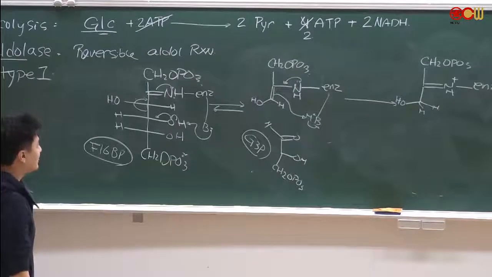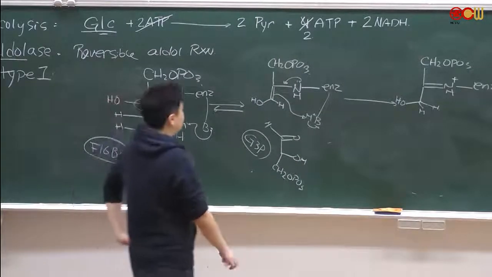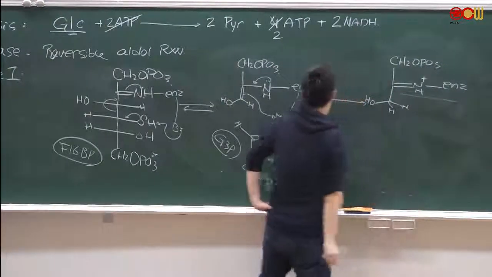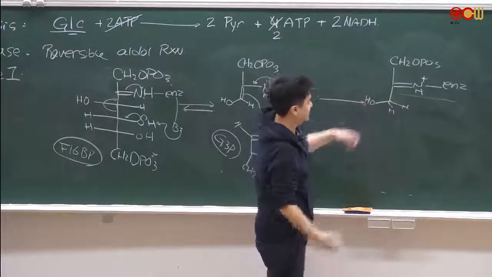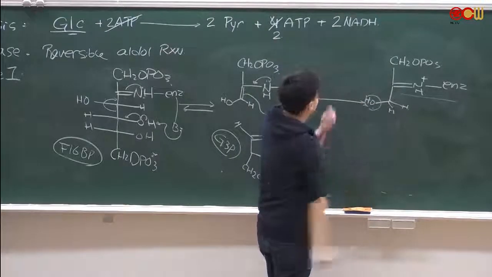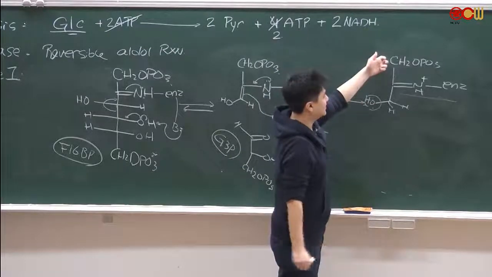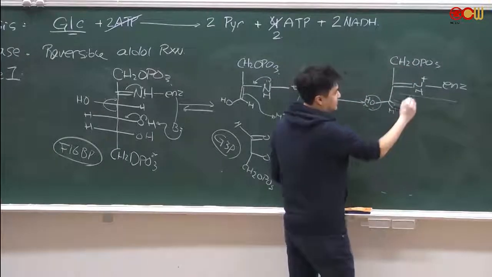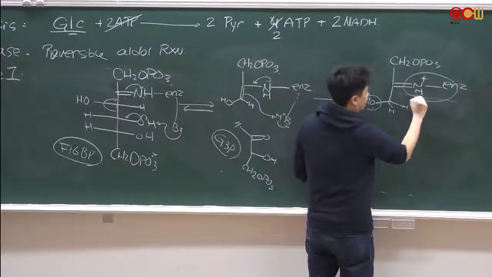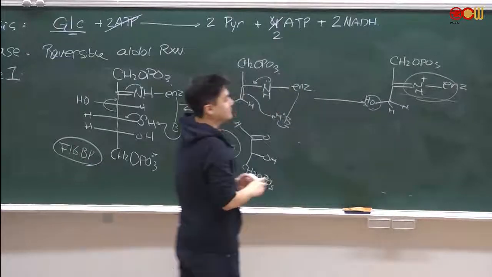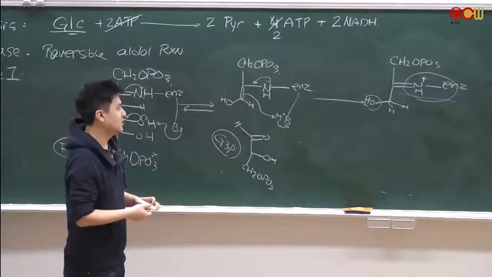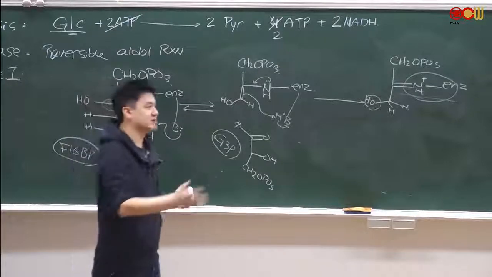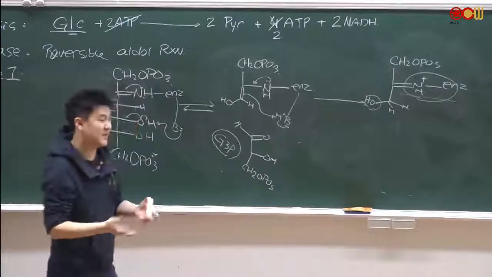So then you have to somehow get the DHAP back from this Schiff base. You already generated your hydroxyl group here, and the carbon with the phosphate doesn't change. So all you have to do is get rid of this thing and replace it with a double bond O. Turns out the mechanism is exactly the reverse of what I just showed you with the Schiff base formation.